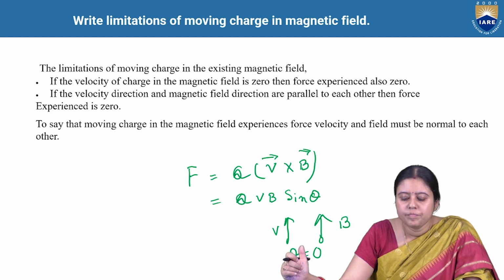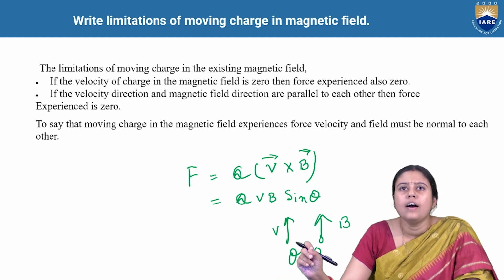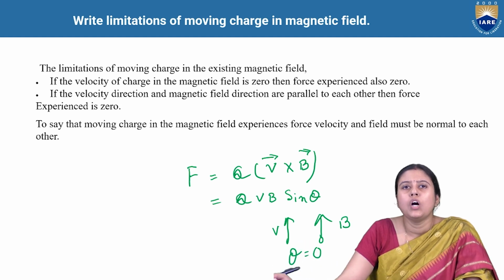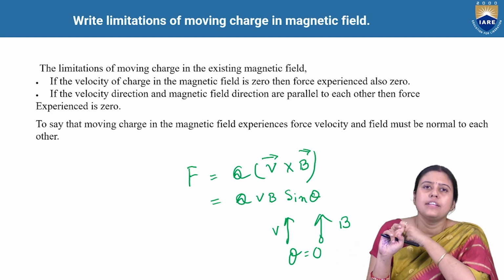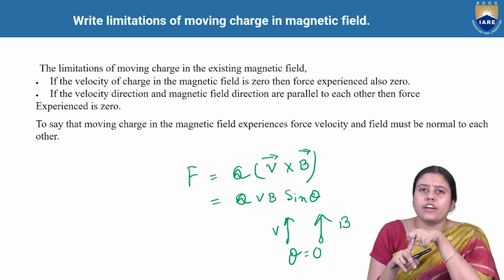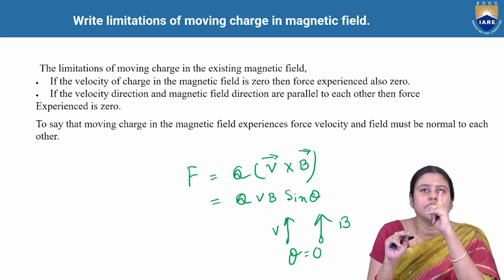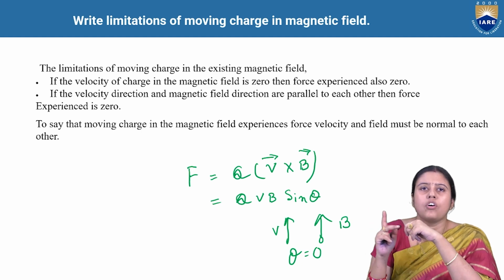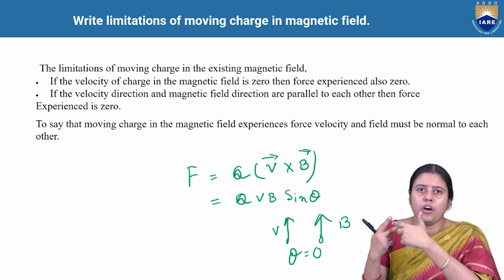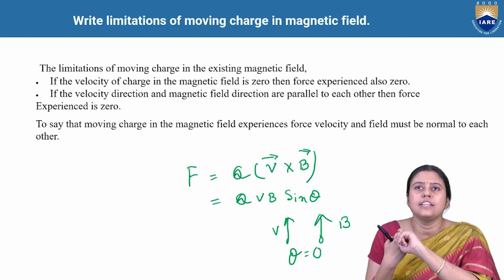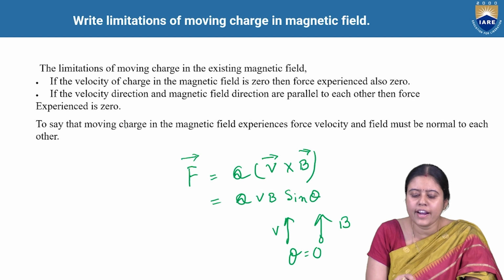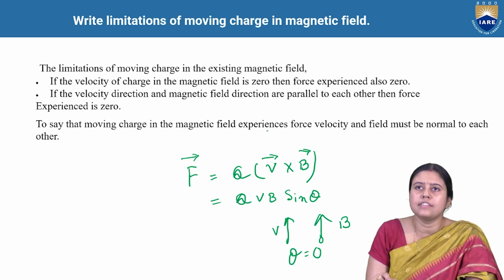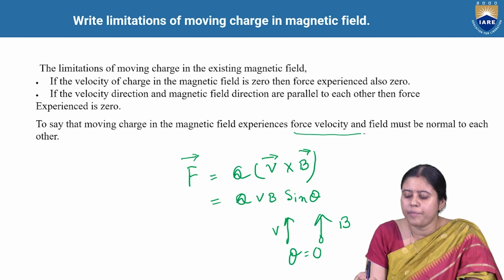So these are the two major limitations of a moving charge. If it is a static charge, there is no force, and if the velocity direction and the field direction are parallel to each other, with an angle of 0 degrees, then the force is also 0.